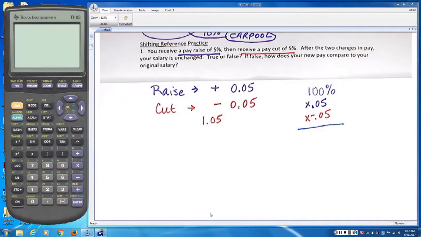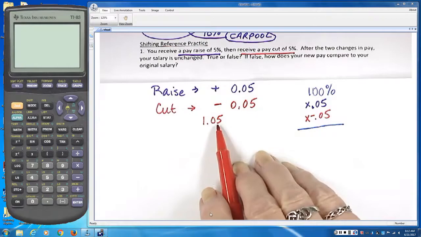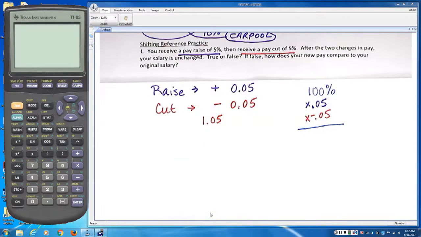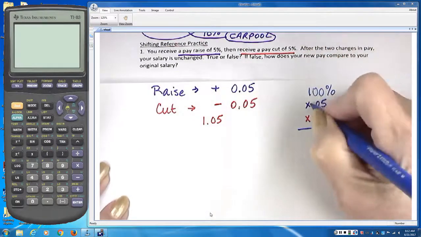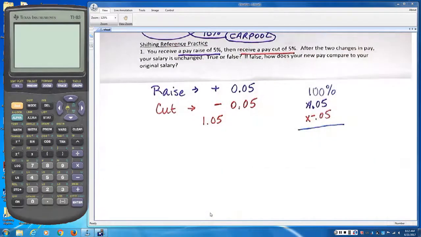So you're going to lose the 5% here, but you're going to gain it here. So rather than do the multiplication that I set out to do, remember plus means add, that's going to be 1.05, which gives you 105% of your salary.